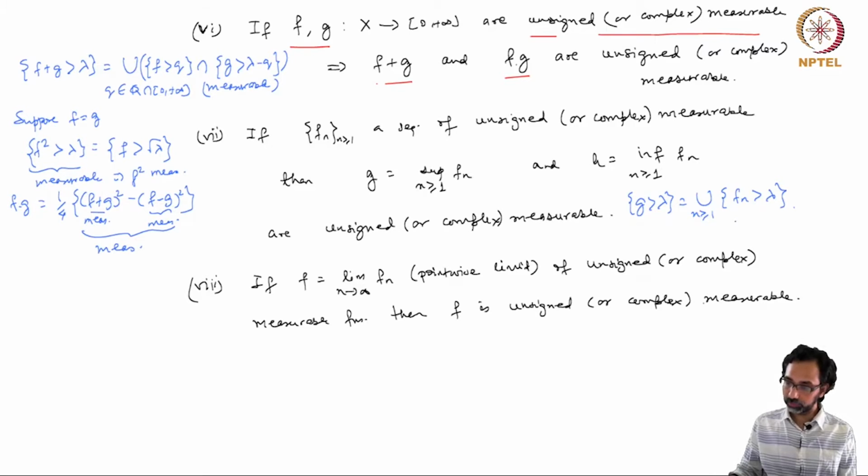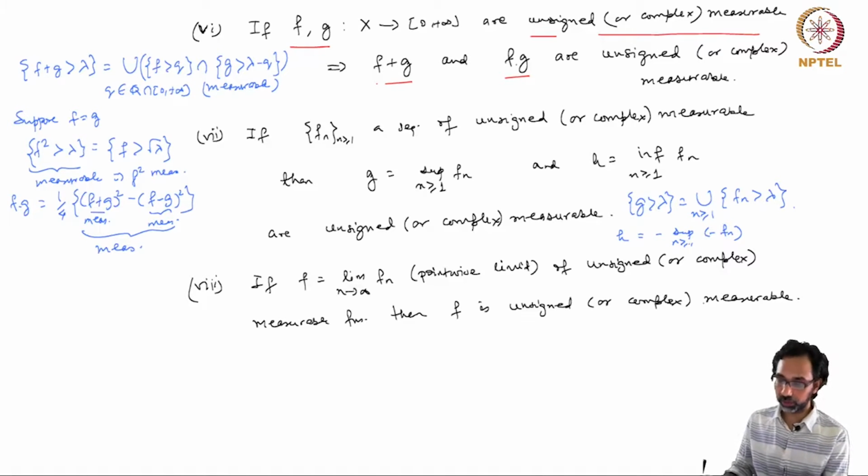So we have this equality when g is the supremum. Similarly, if you take h, then h is minus the supremum of minus fn, and so again we are reduced to the supremum of no longer unsigned but still complex measurable functions, and so h is also measurable. So both supremum and infimum are measurable functions.